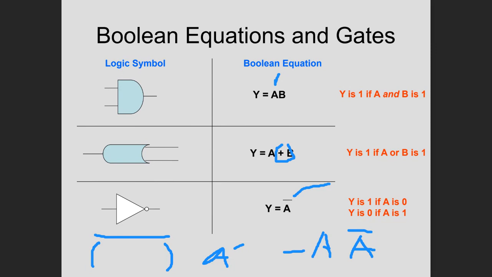That's fine if I'm drawing it on the screen, but in Microsoft Word, I don't know how to make that bar across the whole thing. So I can just put a little prime right there, and that means that whole thing is NOTed. You'll see both of these used. The little prime symbol means NOT, that you're NOTing the variable or inverting it.